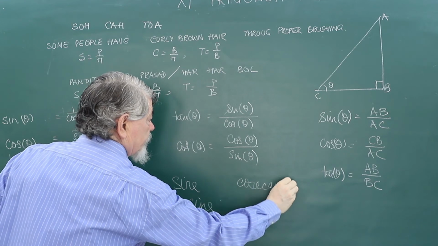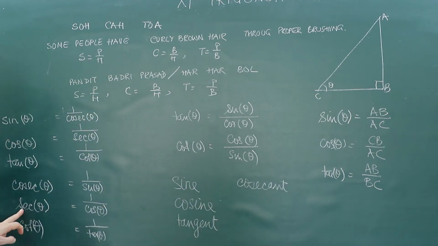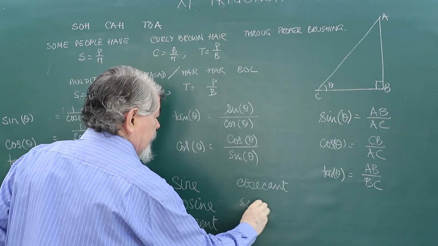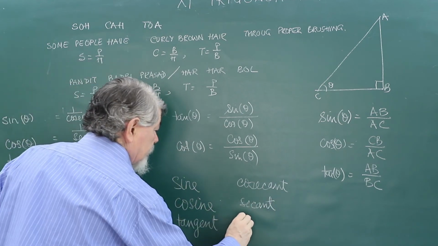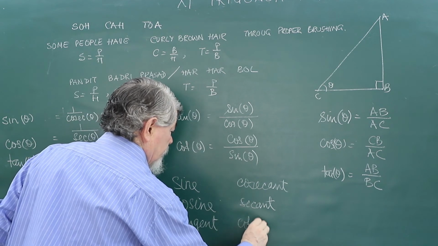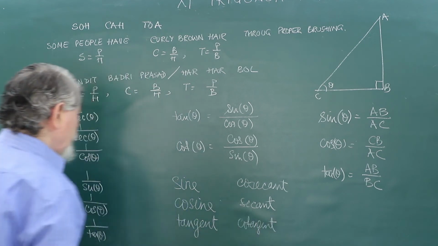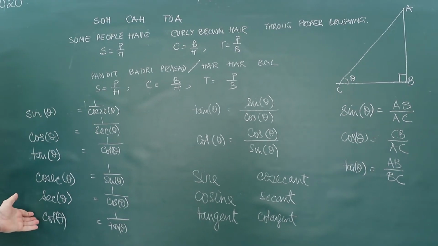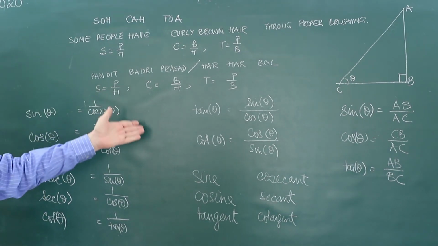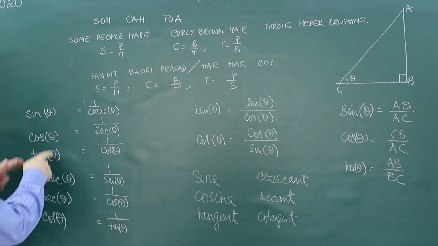Then secant theta. It is called secant. And cotangent. So in short we write sine, cos, tan, cosec, sec and cot.